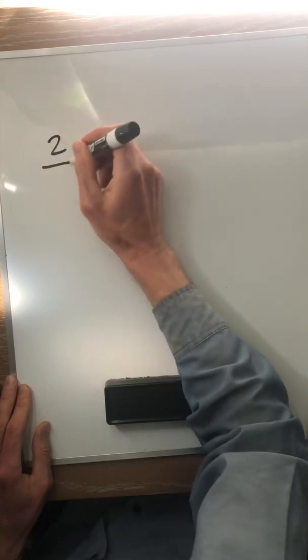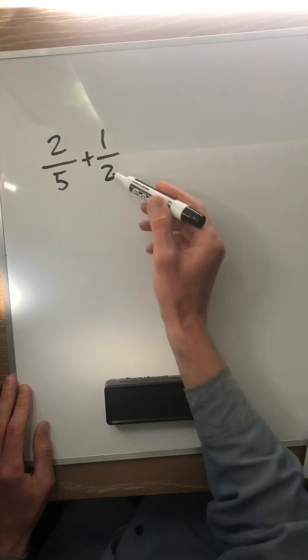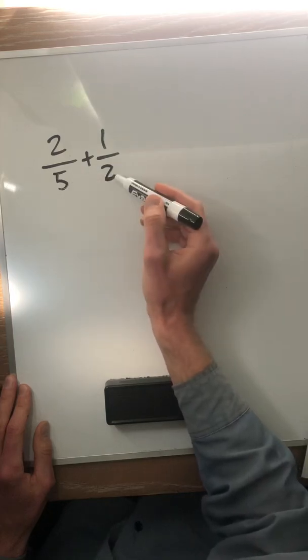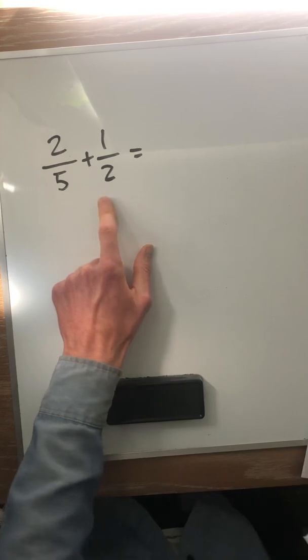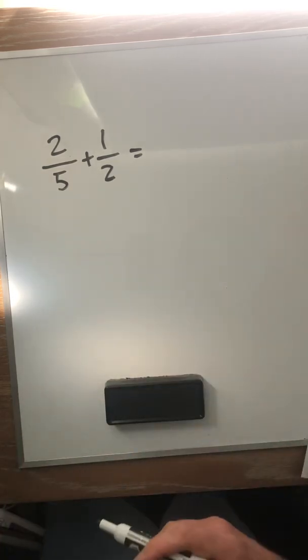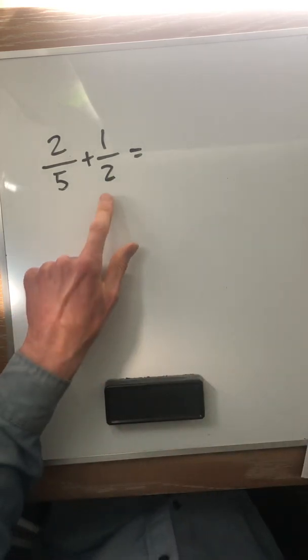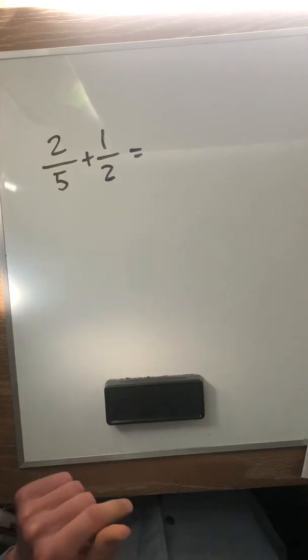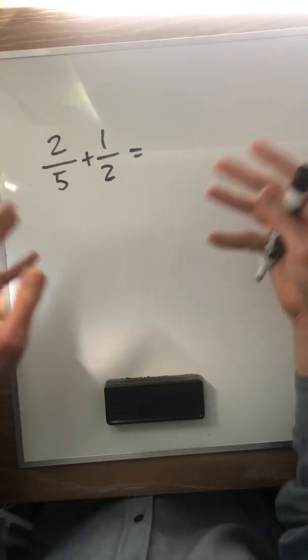So for instance, if you have, let's say, 2/5 plus 1/2, one number's even, one's odd, I can't just double the 1/2 to get fifths, right? I could turn 1/2 easily into fourths, but not fifths. So sometimes you're going to get examples like this where you're going to have to find an equivalent fraction for both numbers before you can add them.